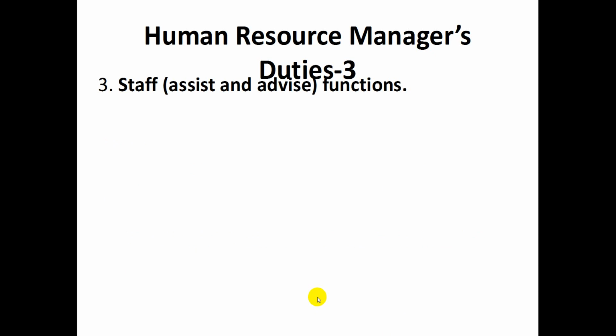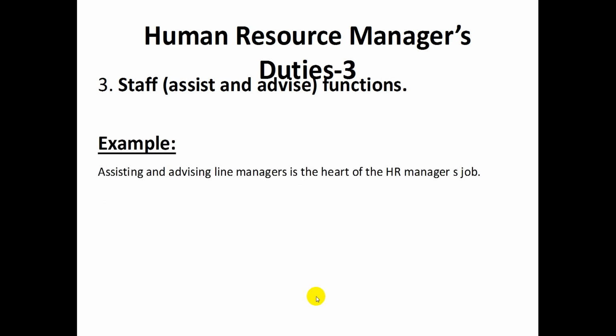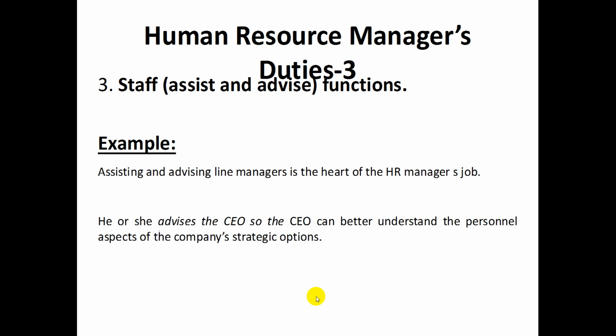The final duty of the Human Resource Manager is the staff function, or assist and advise. An example: assisting and advising line managers is the heart of the HR manager's job. He or she advises the CEO so the CEO can better understand the personnel aspects of the company's strategic options.